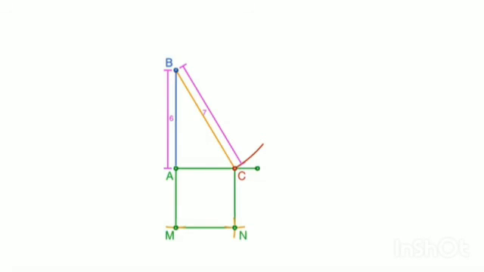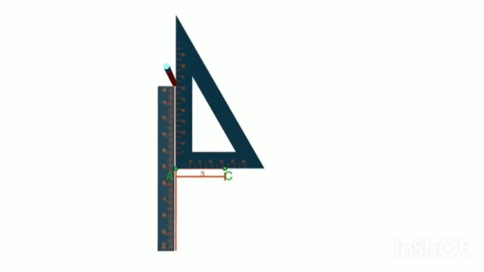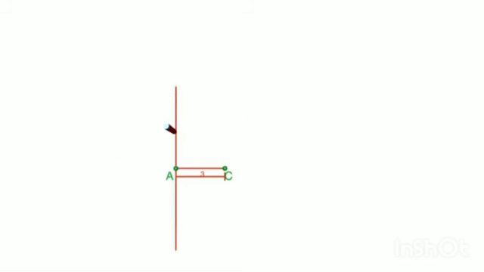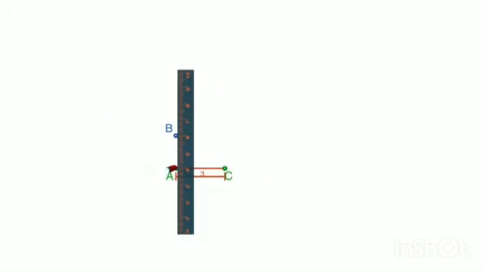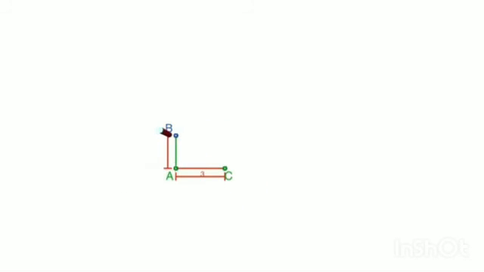Now let us look at the second method. Draw a line of 3 centimeter at first. Draw a perpendicular through one end of this line. Let us draw the perpendicular through the point A. Mark a point 2 centimeter away from A. Let it be B. Now the length of AB is 2 centimeters.